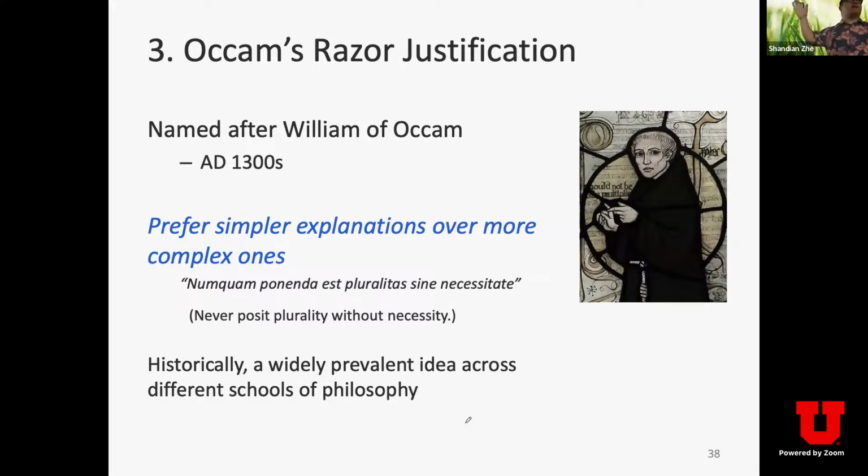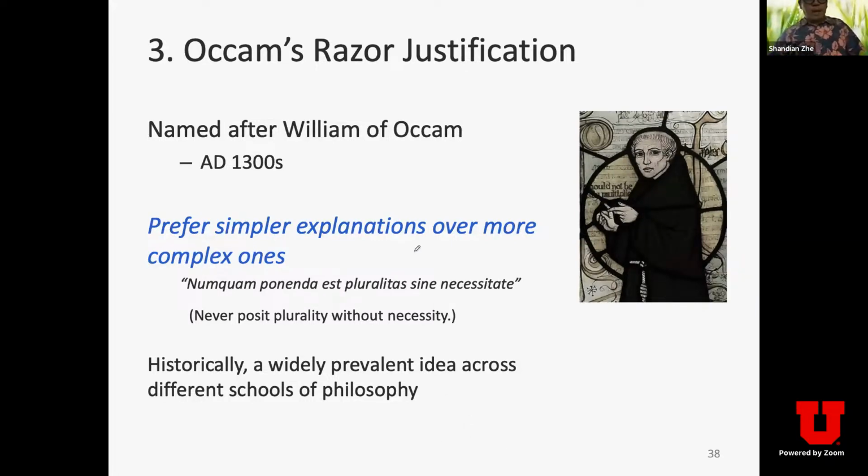If for the same data set I got 10 trees, each of which exactly fits the training data, which one would we choose? We would like to choose the smallest tree. This is a very prevalent model choice philosophy, but then why? So here we're going to give some justification from the perspective of computational learning theory.